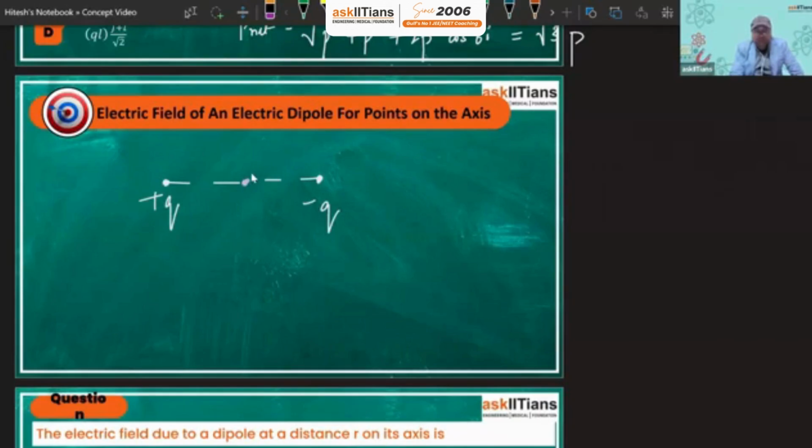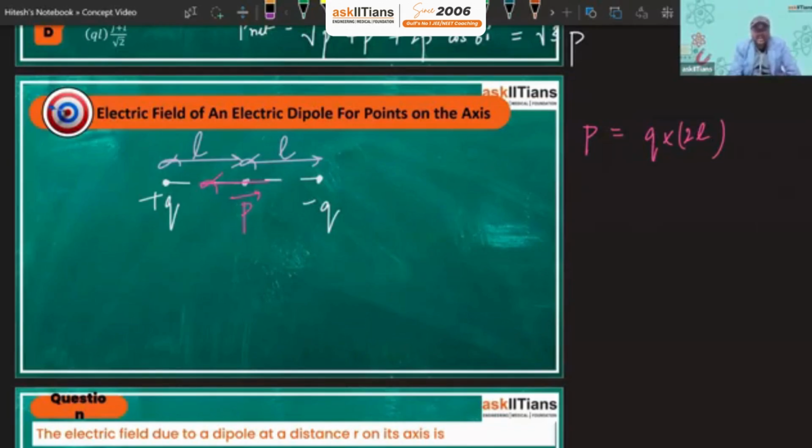I'm taking this distance as L, and this distance also as L, so the separation becomes 2L. The dipole moment points from minus q to plus q in this direction. So this P, I would define as q into 2L.